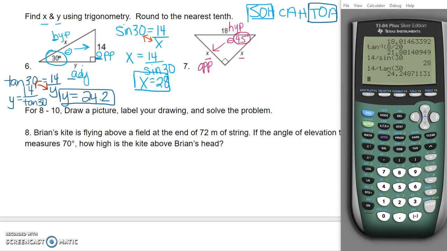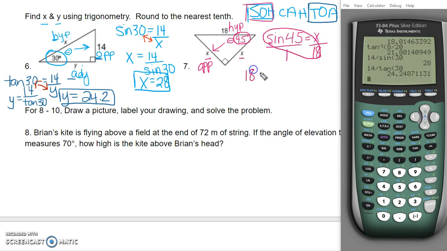And since the x's are the same, I really only have one problem to solve. And I'm using opposite over hypotenuse, which looks like is going to be the sine function. So I'm going to set up sine of 45 degrees equals opposite x over hypotenuse 18. Okay, this time I'm going to put my sine over 1 to create my proportion, and then I'm going to cross multiply.